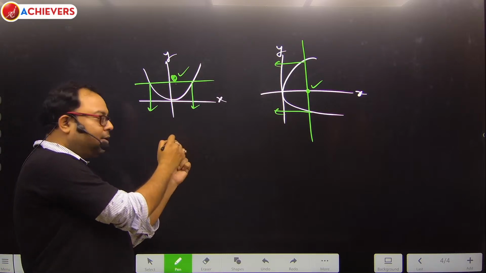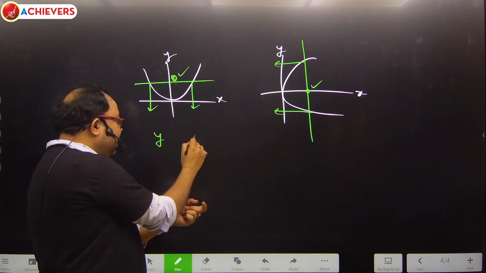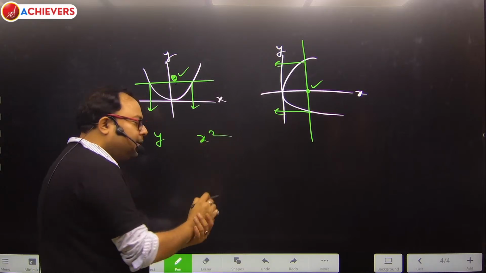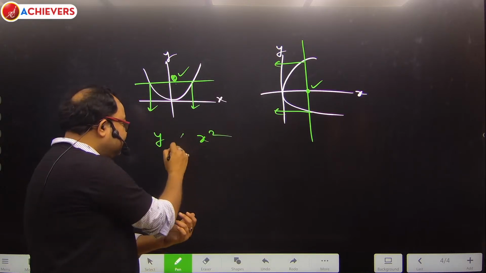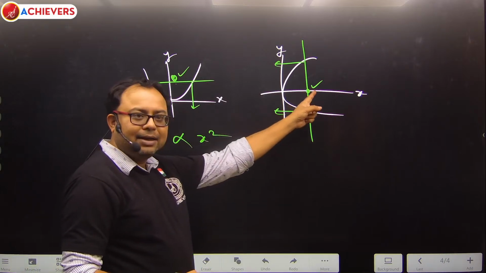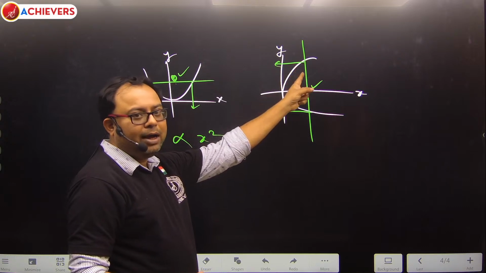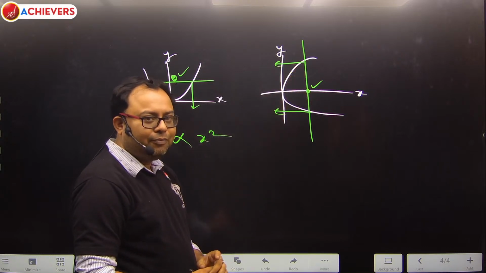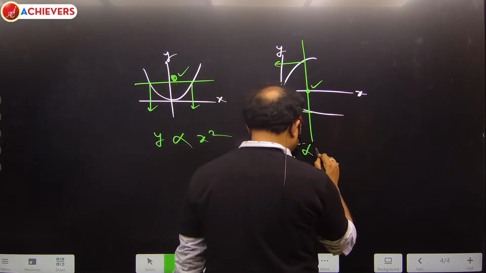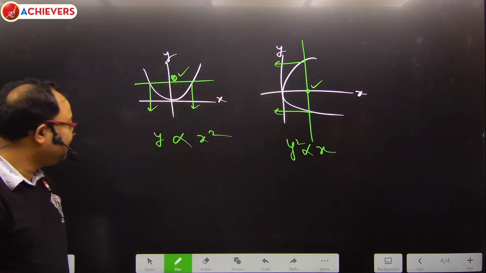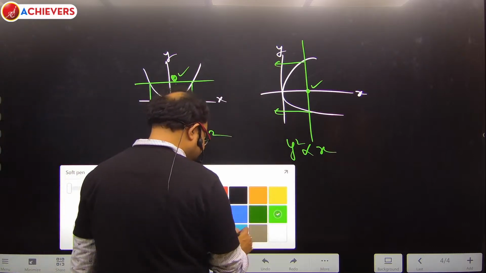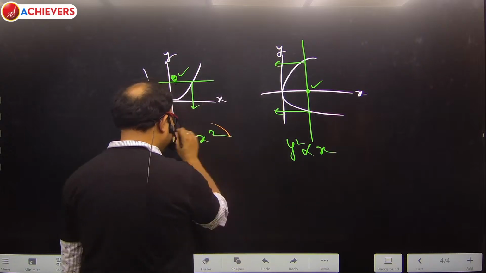So here, for a particular value of y, you are finding two roots of x, so it will be quadratic with respect to x. And here, you are finding two roots of y for a particular value of x, so it must be quadratic with respect to y. Isn't it so?